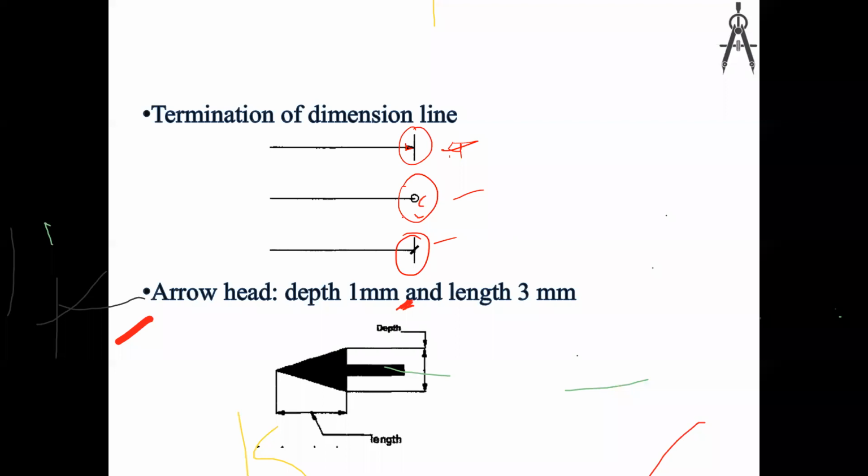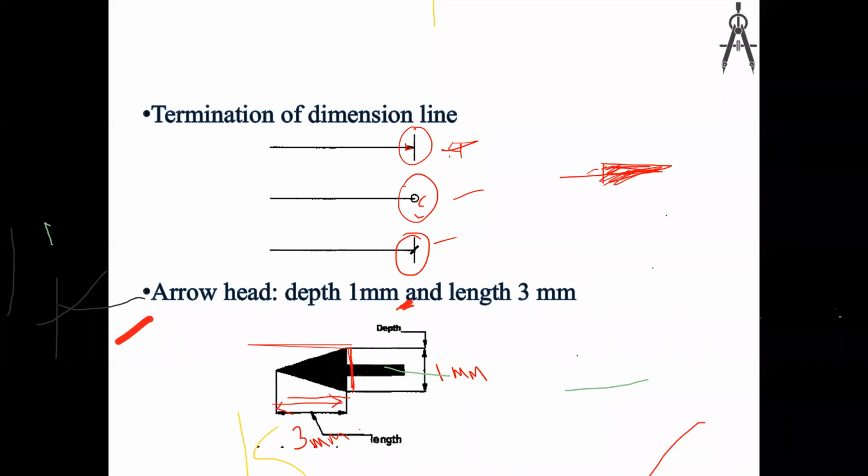This is called the depth of the arrowhead, and this is the length. Most of the time the length is 3 millimeters and the depth is 1 millimeter. When you draw an arrowhead, it is 1 millimeter and 3 millimeter, and you have to fill it.